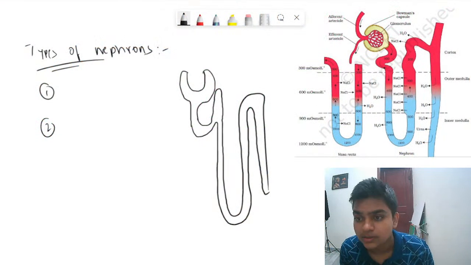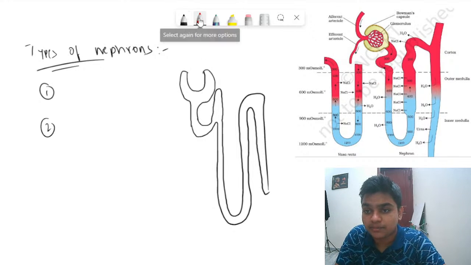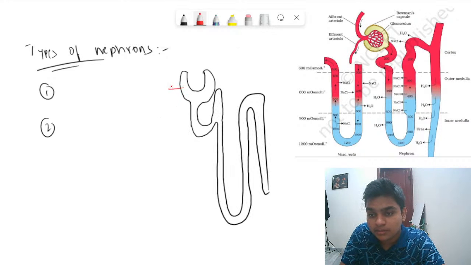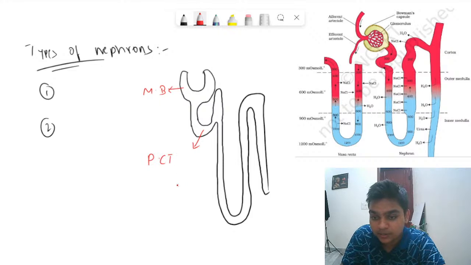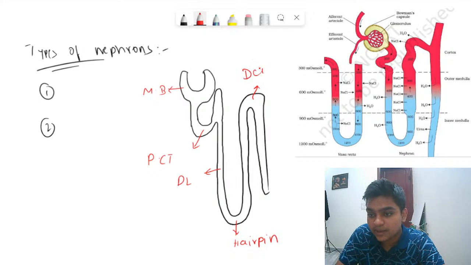This is your Malpighian body or Bowman's capsule and glomerulus. This is your PCT part. This is your descending limb. This is your hairpin bend. This is your DCT part. This is your CD part.